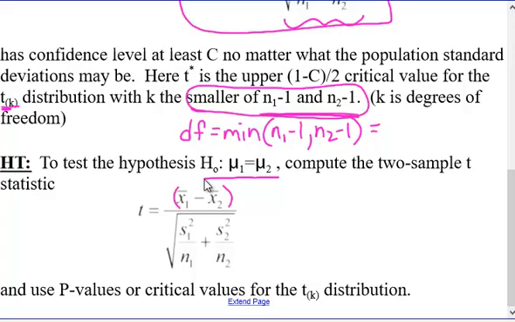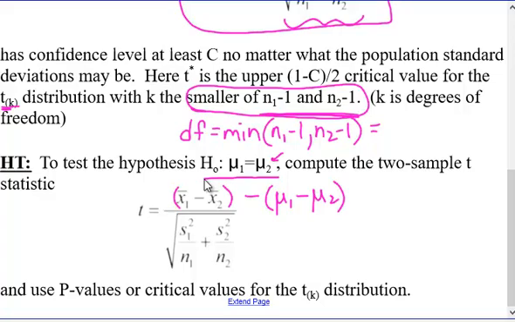That's your statistic. Now technically there is a parameter that would be mu 1 minus mu 2, but because of our null hypothesis being that those two things are equal, that's going to be 0.